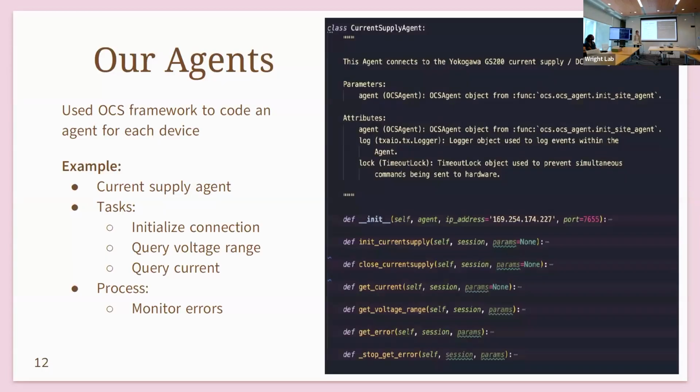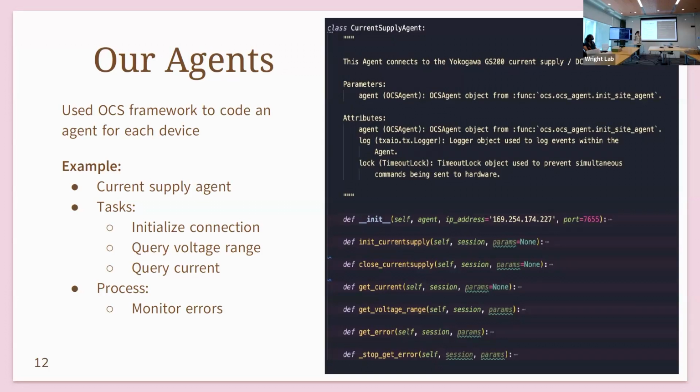So here are the results of our research so far. We have created an agent for each of the 9 devices using OCS. One example I have on the right here is the current supply agent, which is the agent for the current supply. This is a Python class, and not all of the methods are tasks and processes, but all of the tasks and processes take the form of methods within this class.